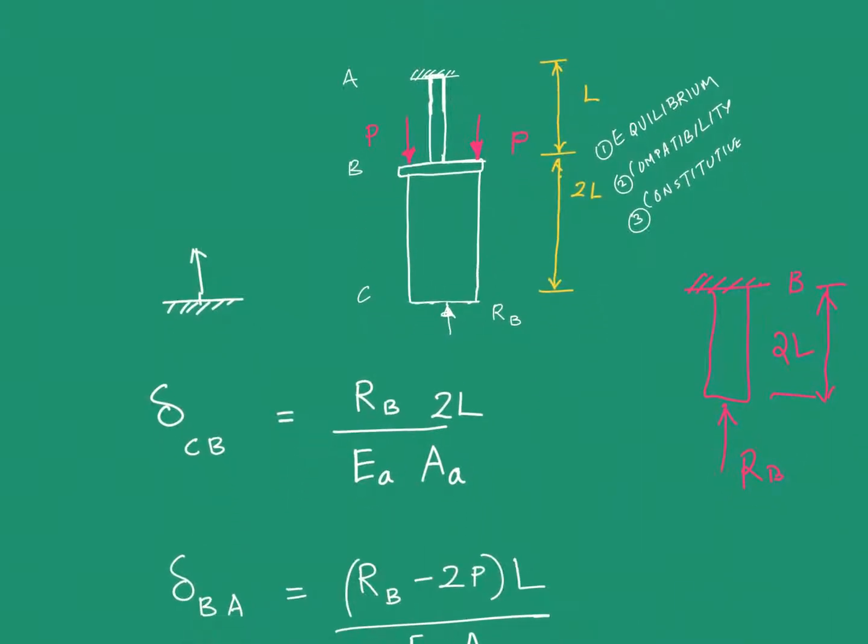One more thing I need to drive home is that the net force acting at this section is RB. Because if I take a small chunk of material from here and draw the free body diagram, it may look something like this. I have a net force RB acting like this from this portion.